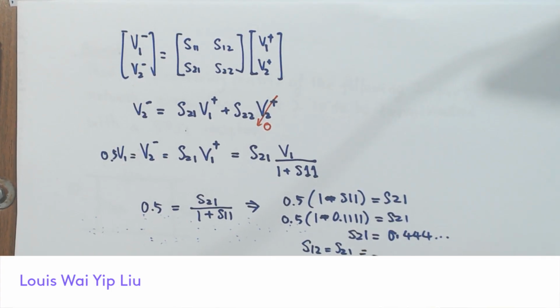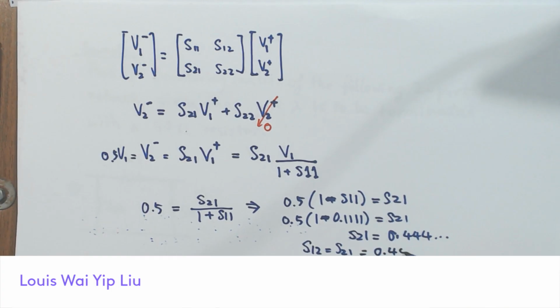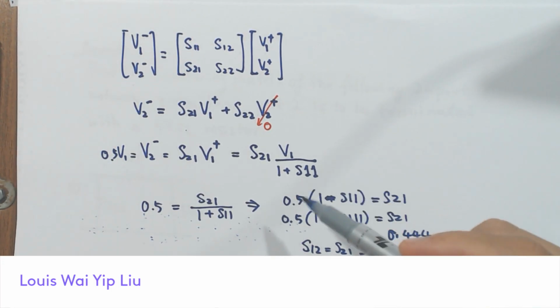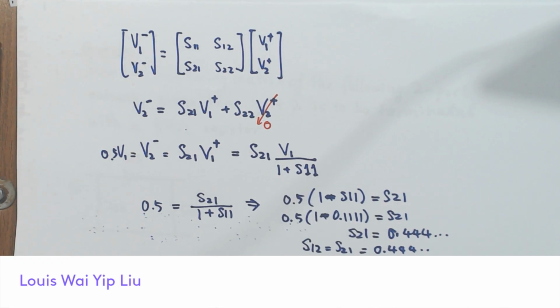So we can conclude that S21 is equal to S12, which is also equal to 0.4444.